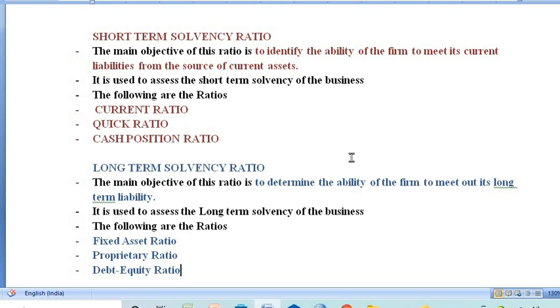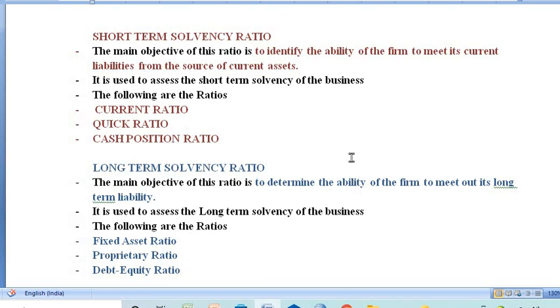The main purpose of computing the short-term solvency ratio is to identify the ability of the business to repay the current liability from the revenue or the source generated from the current asset.